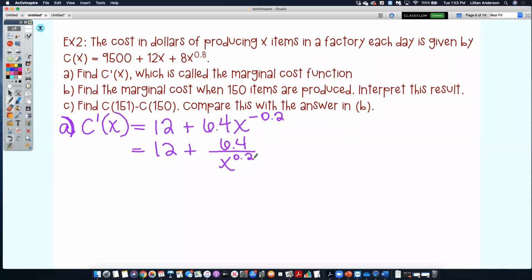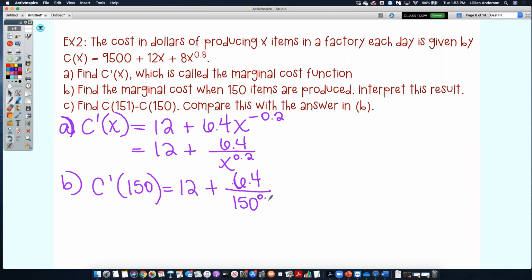Now part B says find the marginal cost when 150 items are produced and interpret this result. Well, the first part is pretty straightforward. To find the marginal cost, we just need to actually plug in 150 into our derivative. Let's plug in 150 and let's see what we get.